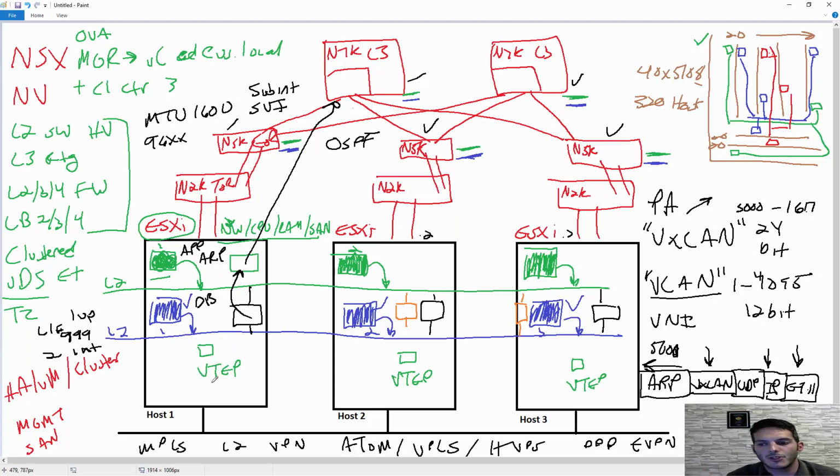Now, how this information is learned: the moment a VM is placed on the logical layer 2 switch, or in the port group that has been built, that VM's information is automatically replicated to the controller, or to the cluster controller. The cluster controller lets the NSX Manager know.